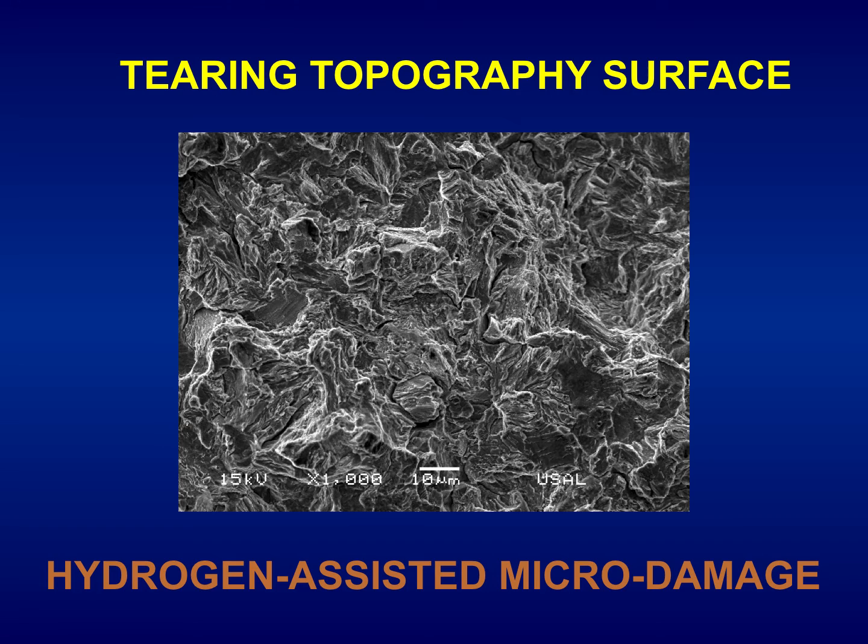This appearance of tearing topography surface is at the local microscopic level apparently ductile, tearing micro damage due to hydrogen. It embrittles at the global scale, but it produces micro damage with tearing appearance at the micro scale. This is the hydrogen-assisted micro damage in the form of the so-called tearing topography surface, and evidence of hydrogen effects in pearlite.